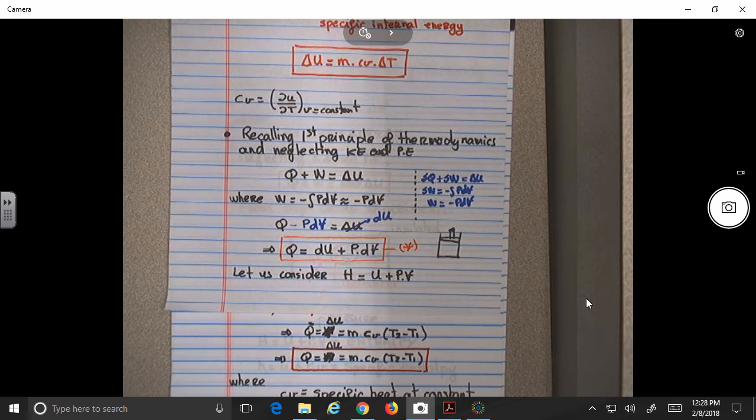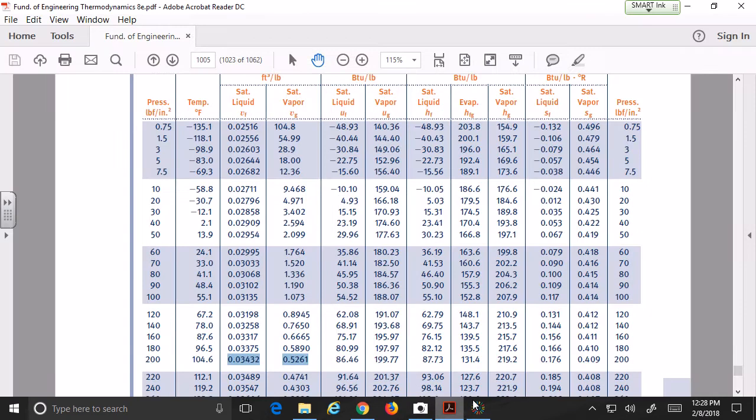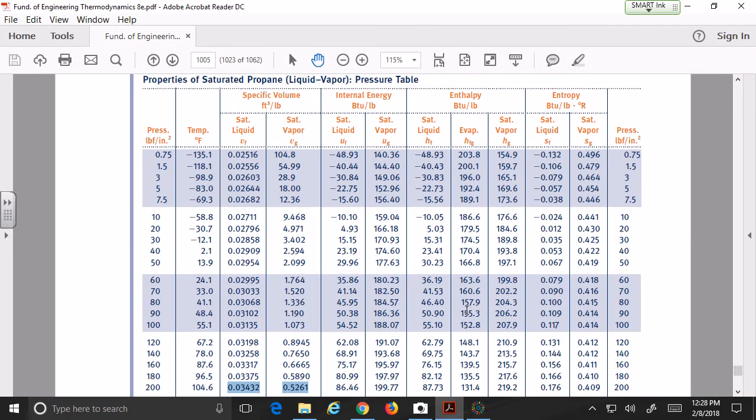Okay. I'm saying all this because of this: if you go to the tables, you see you have values for U over here and values for H, no? So these values for U will only include the change in internal energy. Okay?